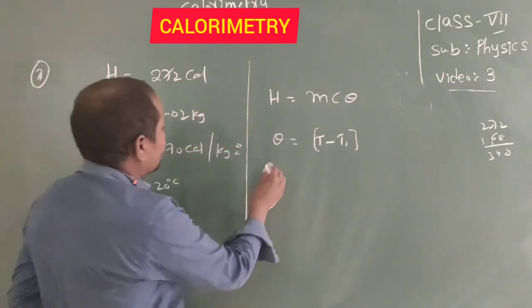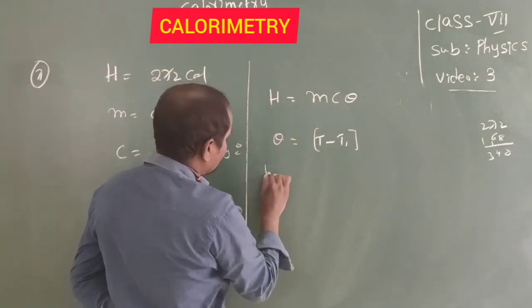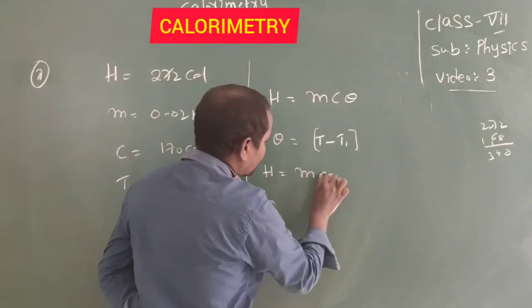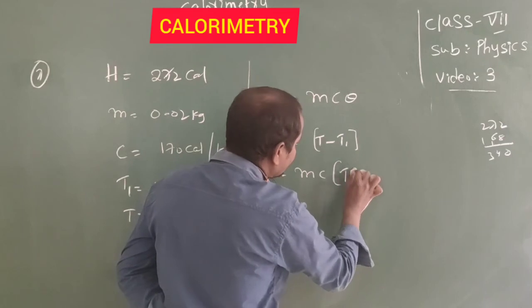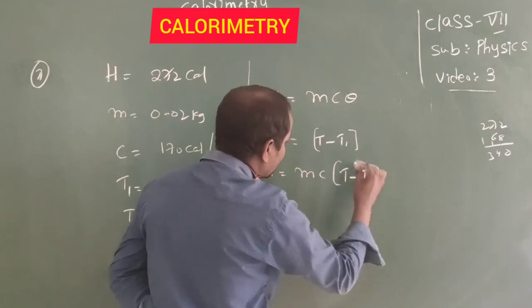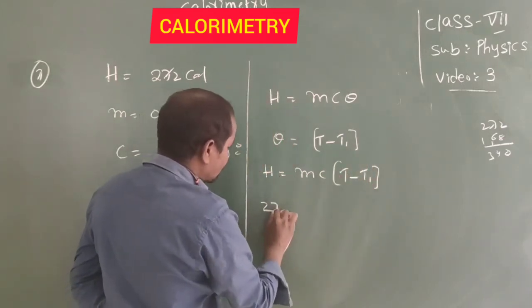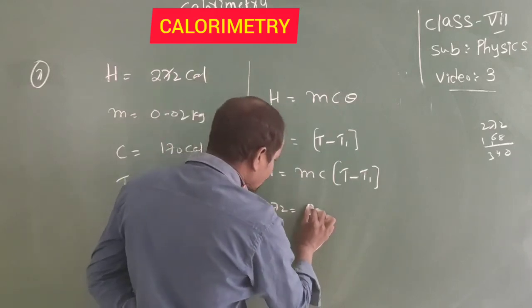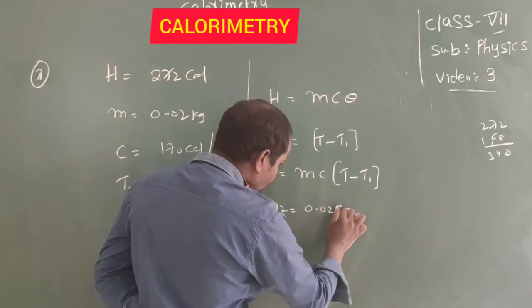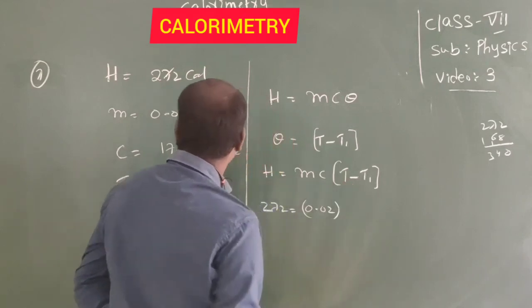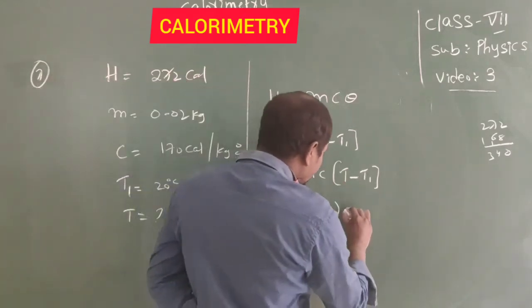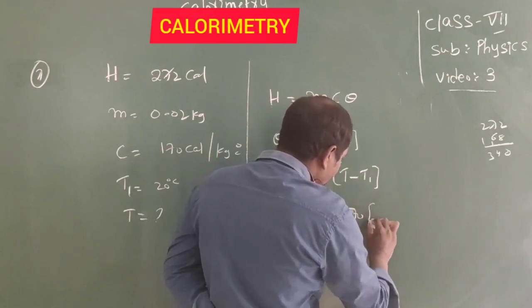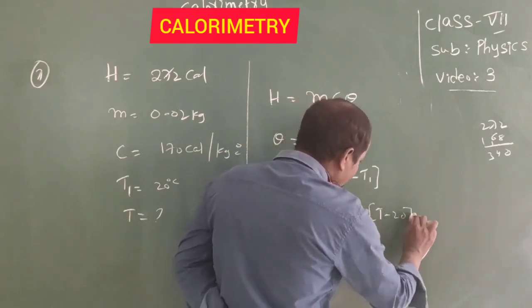So heat energy equals m into c into theta, that is T minus T1. So 272 equals 0.02 kg into 170 into T minus 20.